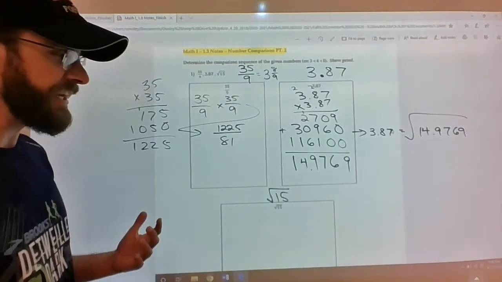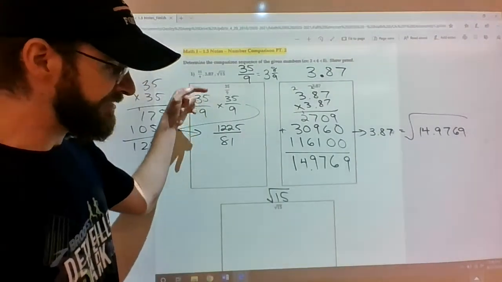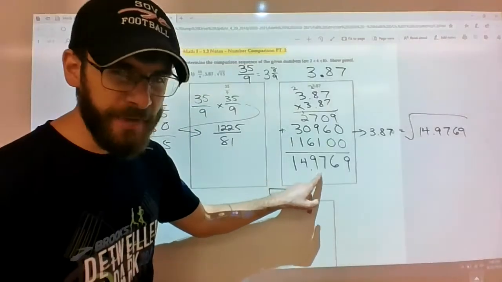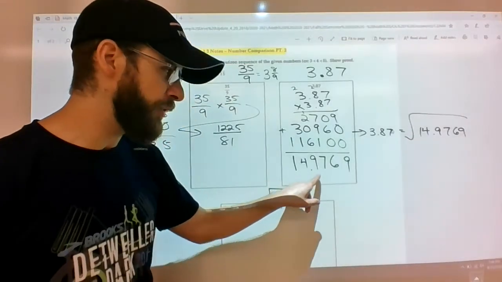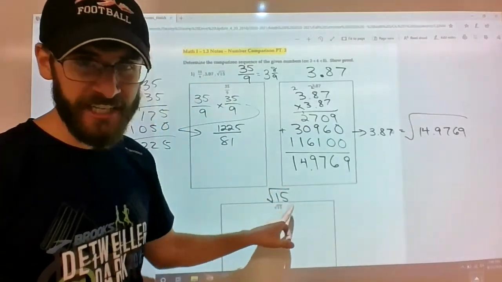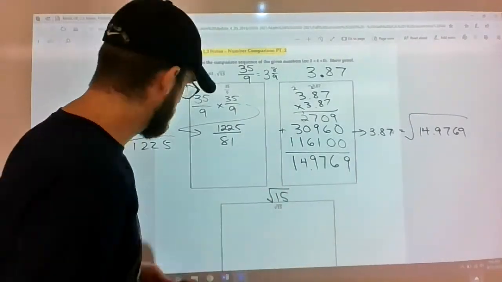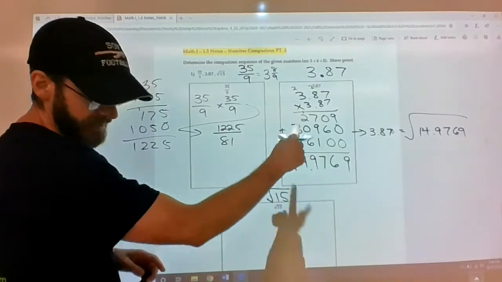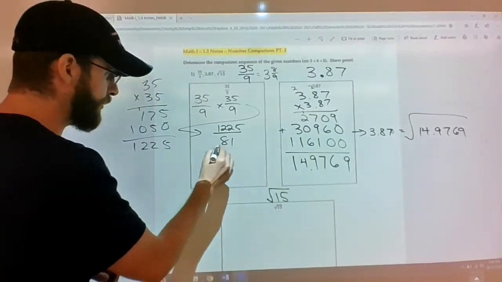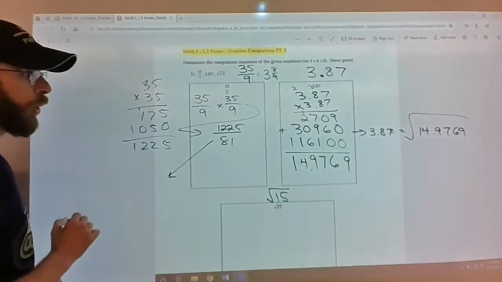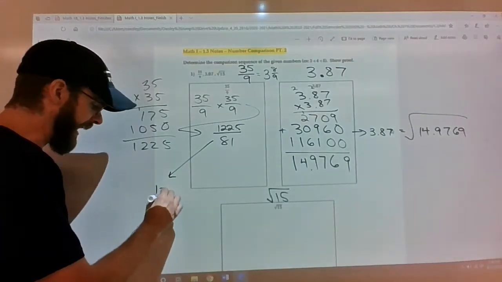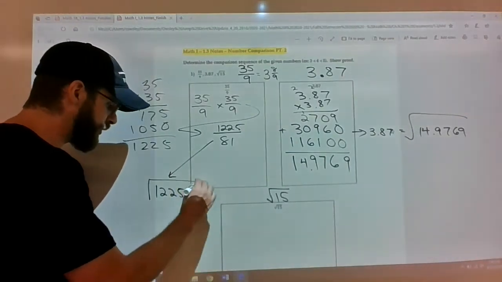And we need to figure out if 1,225 is somewhere in this minuscule region between 14.9769 and 15, or if it's in fact above 15, or maybe below 14.9. So this is where we would go off to the side and say, how many times does 81 go into 1,225?